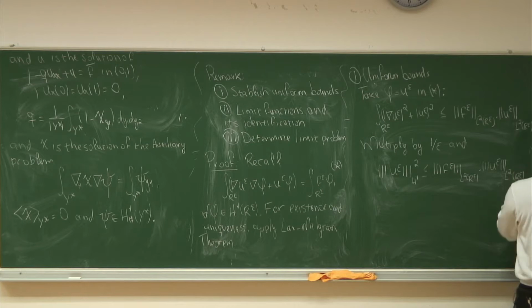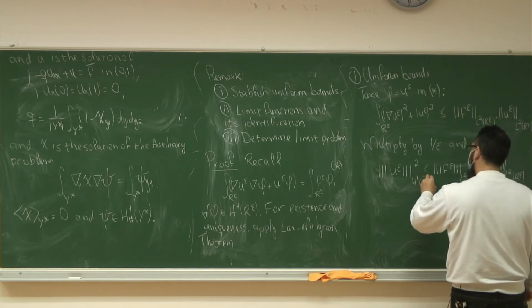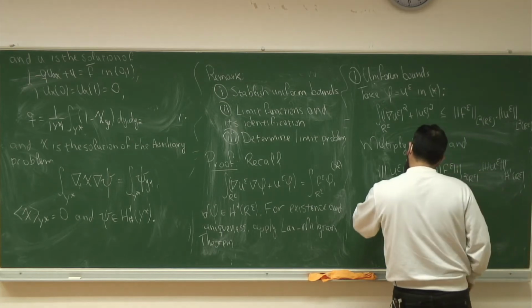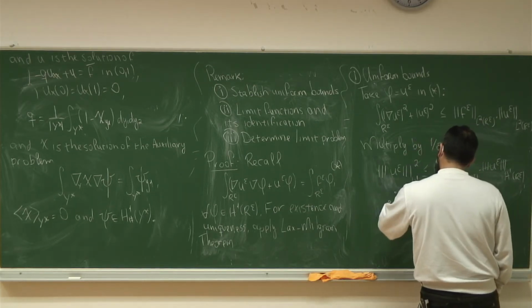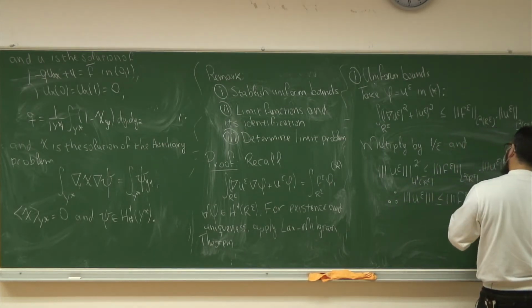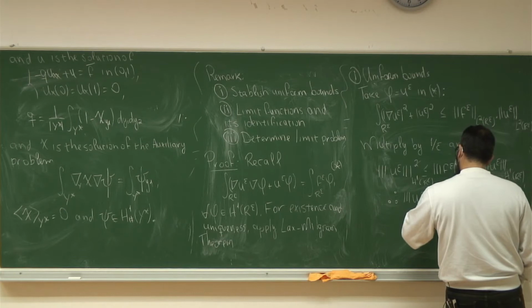But, of course, it's very easy to see that the L2 norm is less or equal to the H1 norm, okay? So we can go further in the inequality here, and then we can put the H1 as well here. And we simplify here, and we can conclude that it's less or equal to the triple norm of F epsilon here in H1.